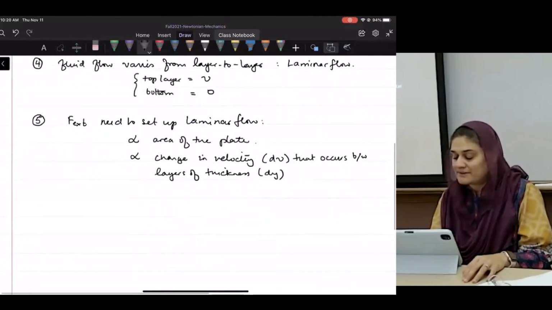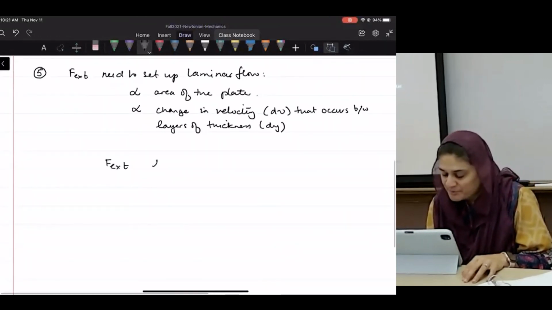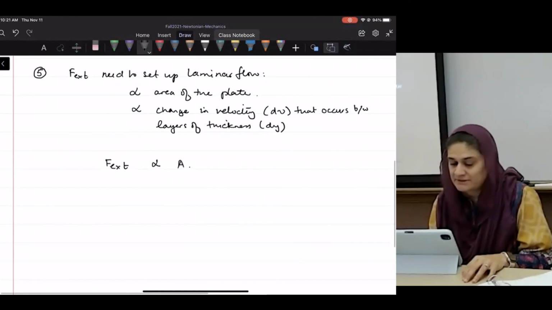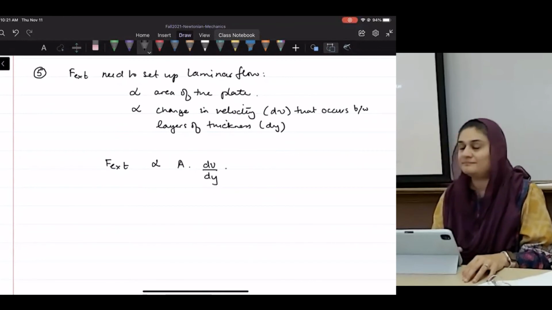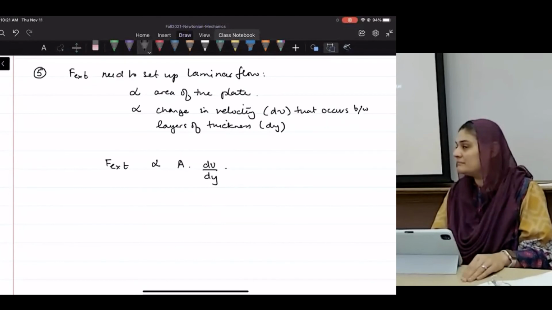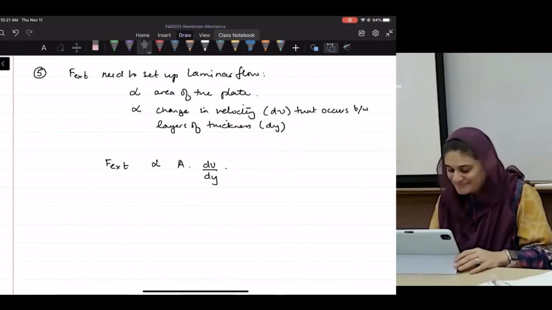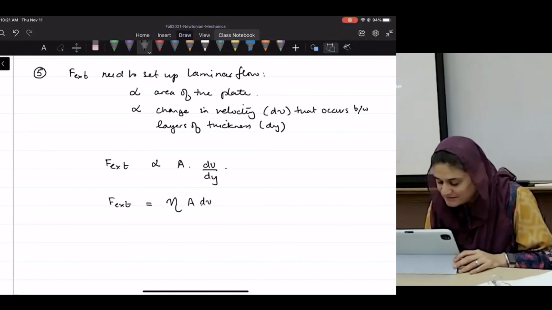So may I write these as F external is proportional to the area of the plate and dV divided by dy? How do I get rid of the proportionality? Put a constant there. Can we think of a constant that would make sense here? Eta, right? So then may I write this as F = eta A dV over dy?